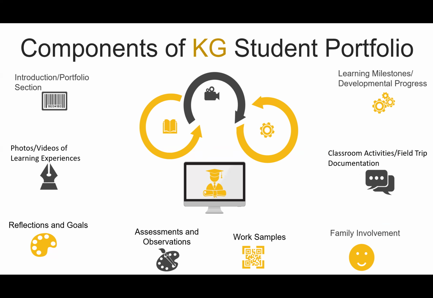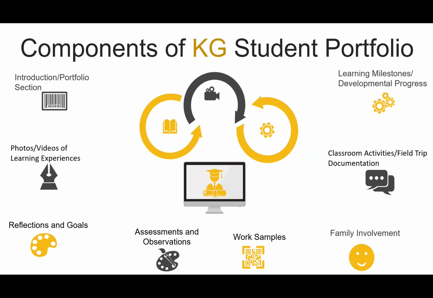The learning milestones and developmental progress is key for students in the kindergarten, because here we will be talking about 4 main concepts. The first one, we have to shed light on the cognitive development of the students. So this section will showcase the students' progress in areas such as literacy, numeracy, and problem-solving skills.